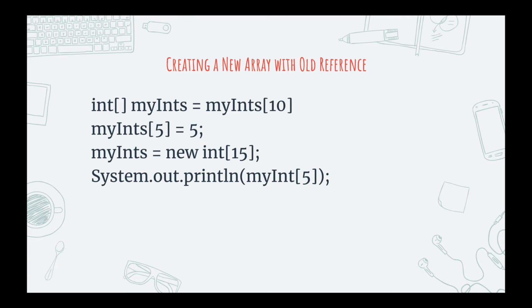And when I use the old identifier to create a new integer array, so again, we're constructing a new integer array, what happens when I access the 5th position, the one that I changed to 5? It's going to go back to 0 because it deleted the values and created a new array.